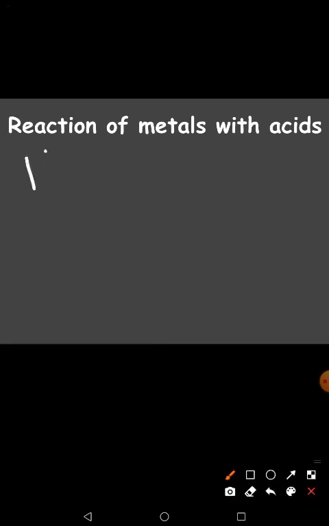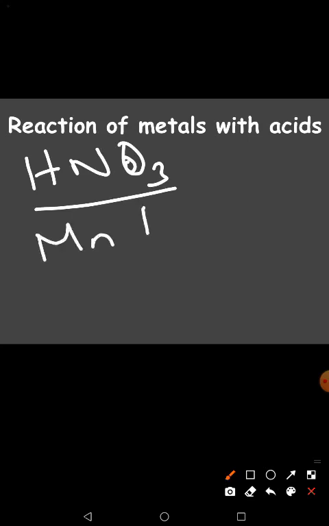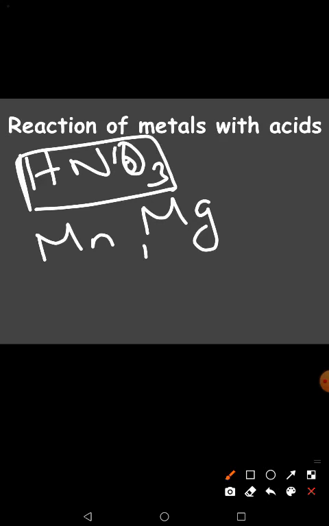This nitric acid will not liberate hydrogen gas with most of the metals except manganese and magnesium. What is the reason? Because this nitric acid is an oxidizing agent. It contains an oxygen molecule. So what is an oxidizing agent? Anything that gives oxygen or removes hydrogen from another substance is what is called as an oxidizing agent.